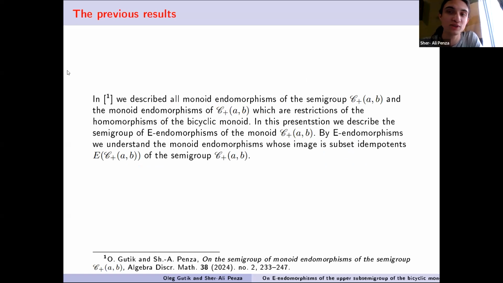In this presentation, we describe the semigroup of E-endomorphisms of the monoid C+. By E-endomorphisms, we understand the monoid endomorphisms whose image is a subset of idempotents of the upper semigroup.